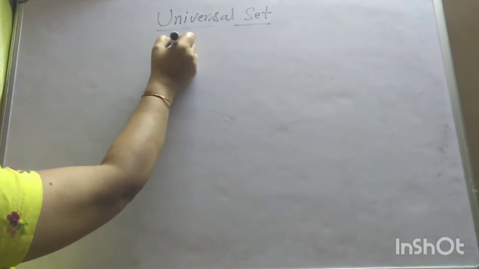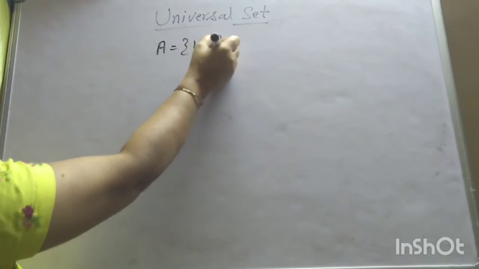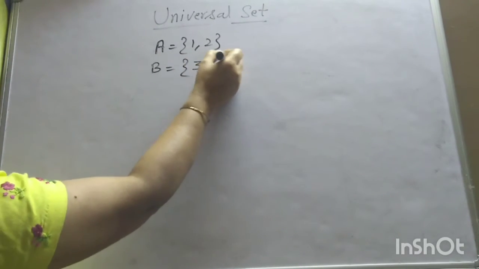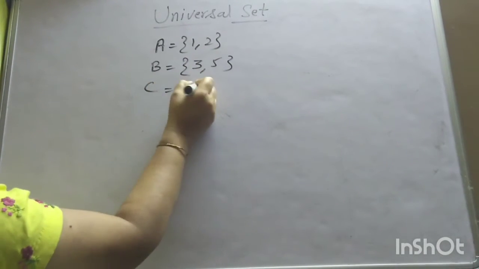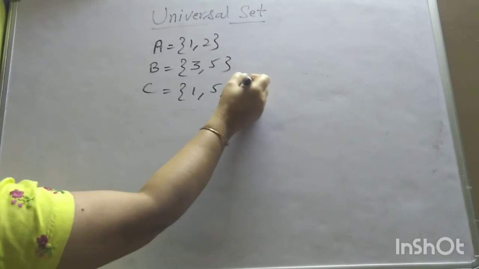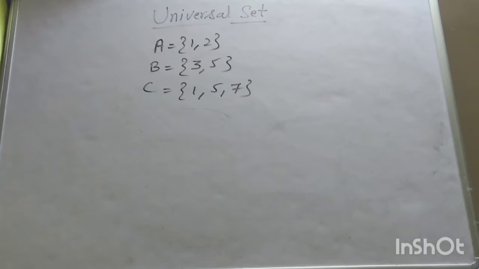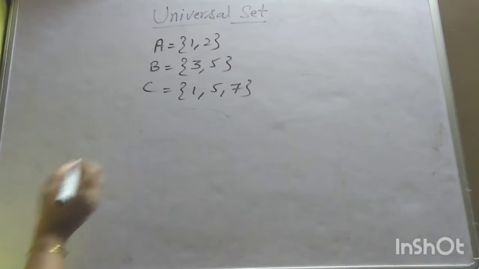Let's take one example. Set A is {1, 2}. Set B is {3, 5}. Set C is {1, 5, 7}. Then what will be the universal set of these three sets?